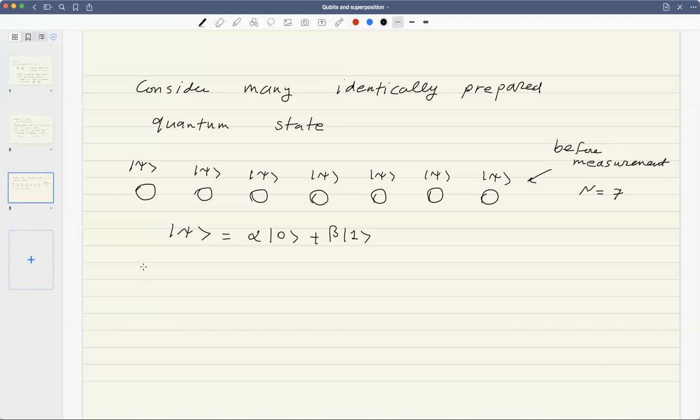And then at a given time, I measure that quantity that can be 0 and 1, then can have 2 different values on all of these 2-level systems. So let us measure the 2-valued observable.